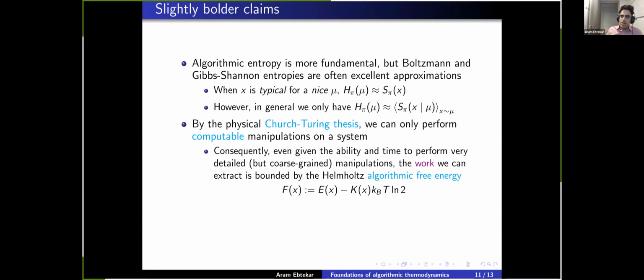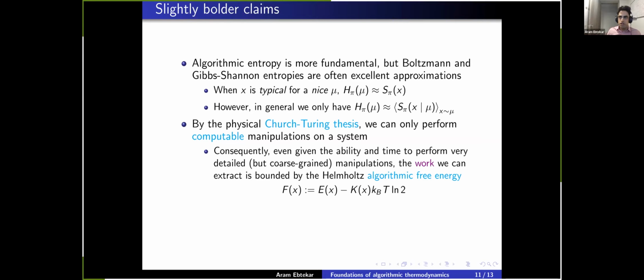But a gas is very chaotic and mixes very rapidly. Maybe there's not that much we can do with it. But if we have something more crystallized, like a computer memory, you can imagine there are systems where you can do all sorts of different manipulations. And the real question is, we don't want to have prior knowledge of mu. We want to just say, we have the state in front of us. We're allowed to inspect it and perform arbitrary but still coarse-grained manipulations.